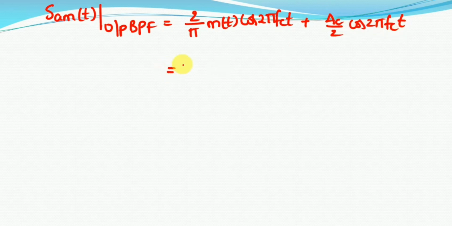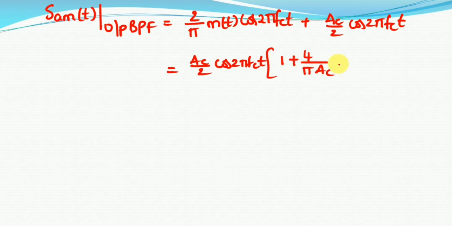Now simply take the common factor AC by 2 into cos 2 pi fct. Then its value is 1 plus 4 by pi AC into m of t.